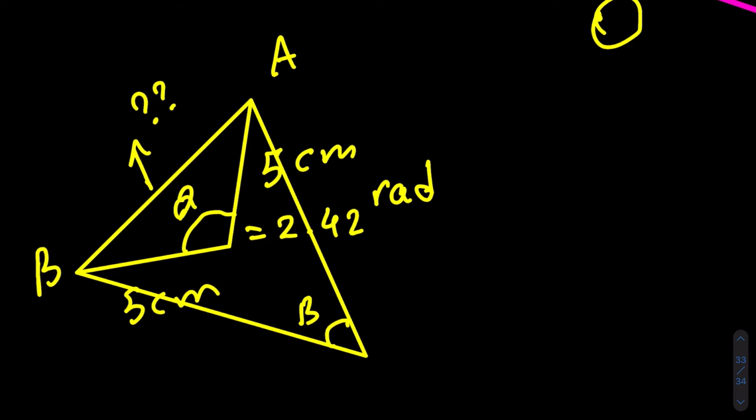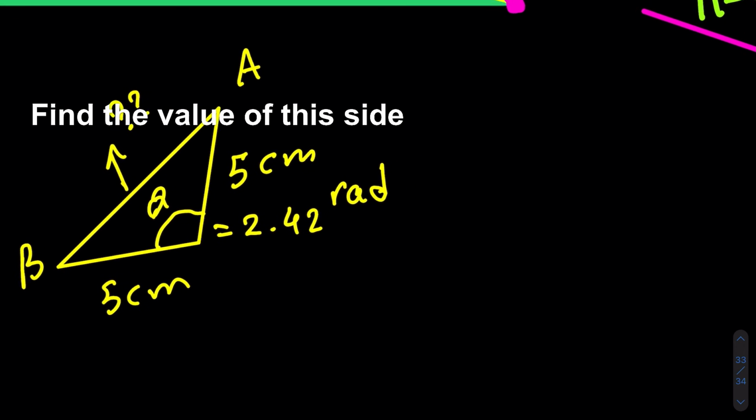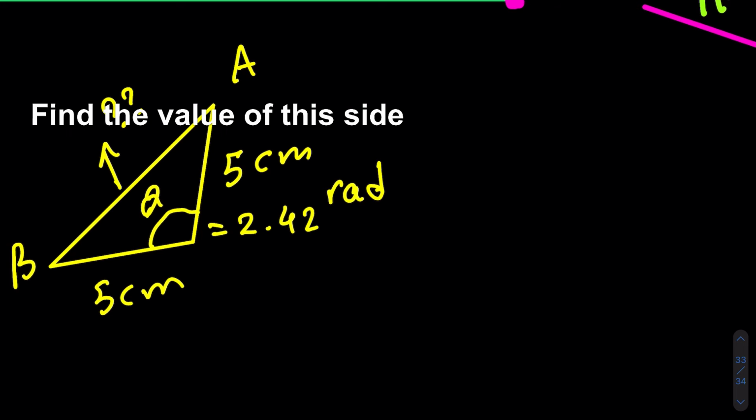This angle. So we are supposed to find this angle. In order to find this angle, we need to first find the value of this side, right? Okay. Now let's use the law of cosine.